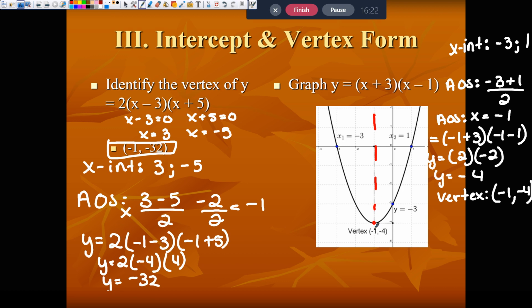My vertex is right here at negative 1, negative 4. I don't need additional points because I already have my vertex. I can just draw my graph.